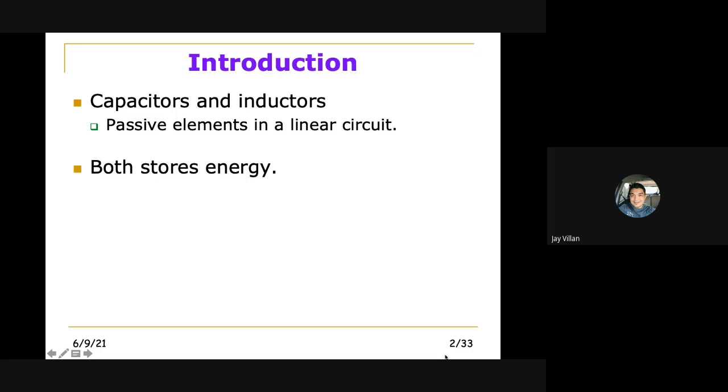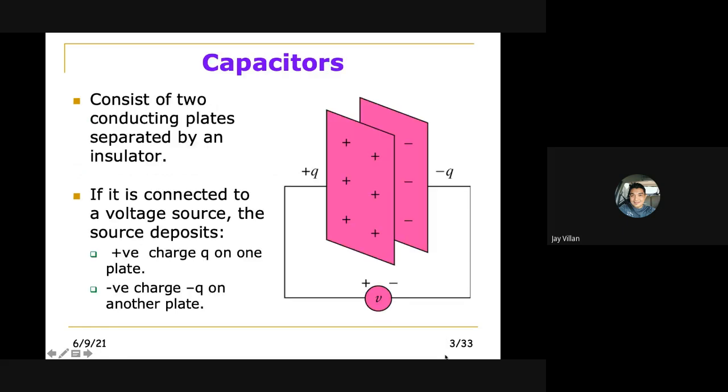These two elements are supposed to store energy. How they store energy will be introduced later. So for starters, know what a capacitor is. It is basically made of two conducting plates separated by an insulator. We know this from physics. You have two parallel plates, with positive charges on one side and negative on the other.